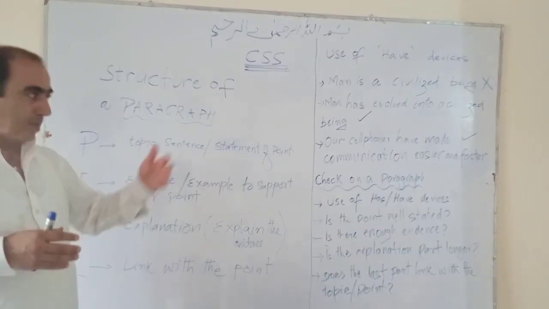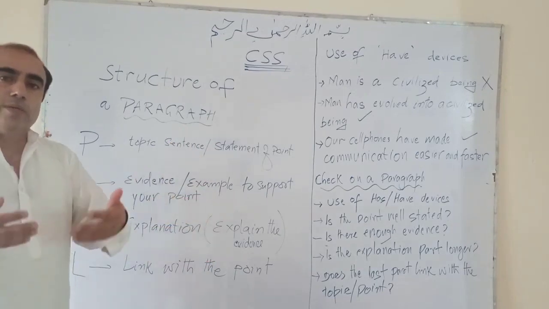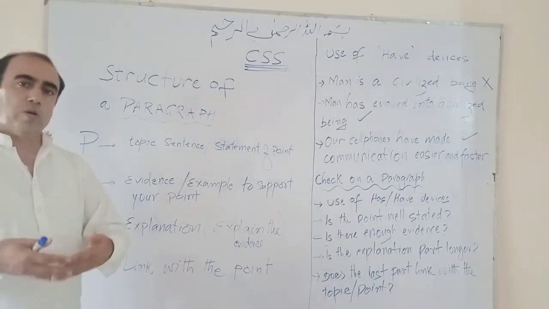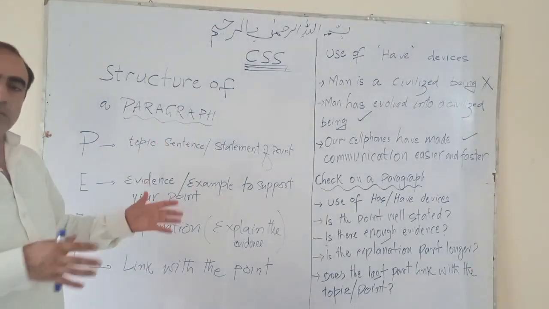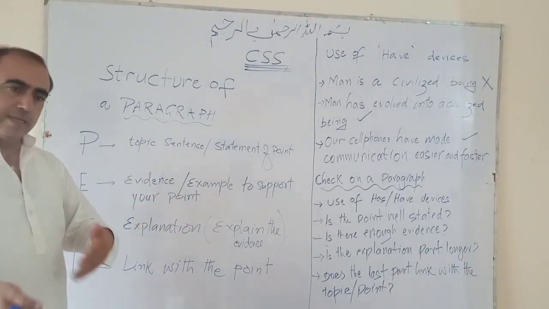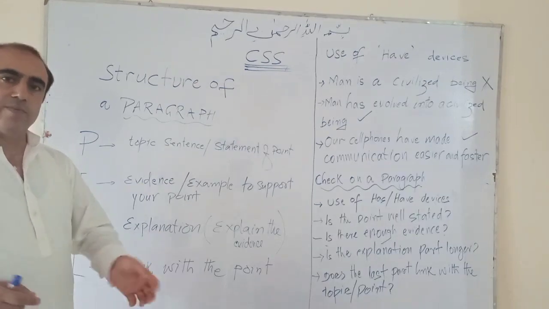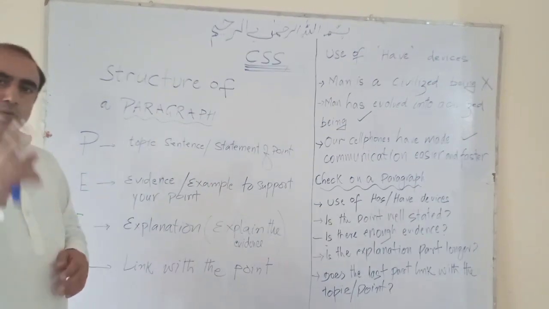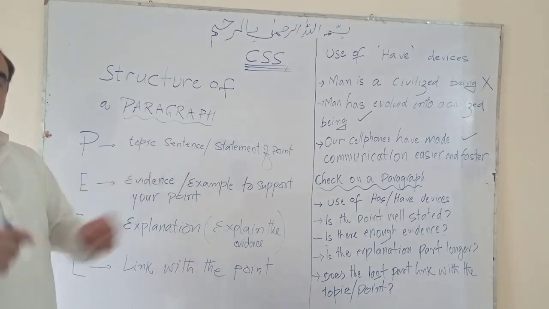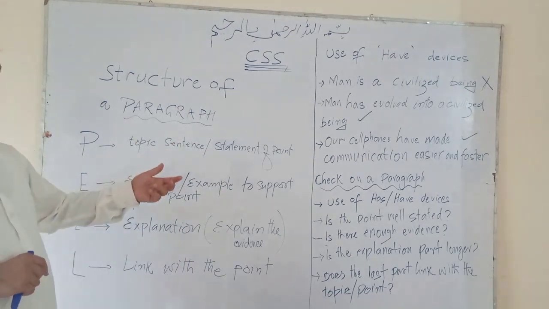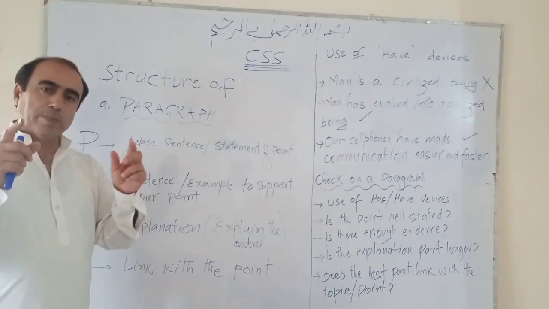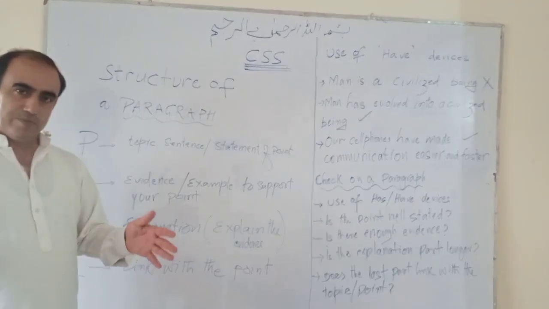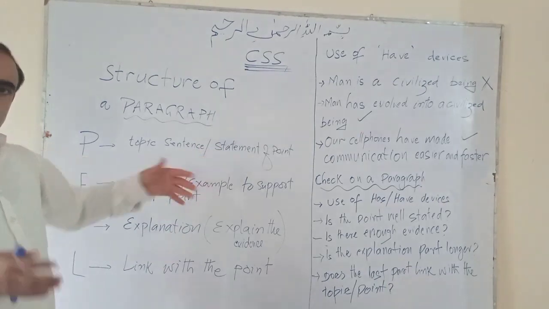We will be talking today about how a topic sentence works. First we are going to talk about these mechanics of a paragraph. Then in the next video that is connected with this, today we are going to have 2 lectures. In the next lecture you will see how a topic sentence and then evidence work. Evidence is to support your point of view, your statement, whatever you have said.